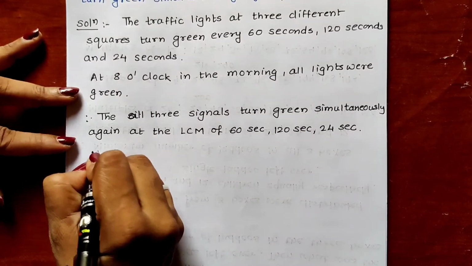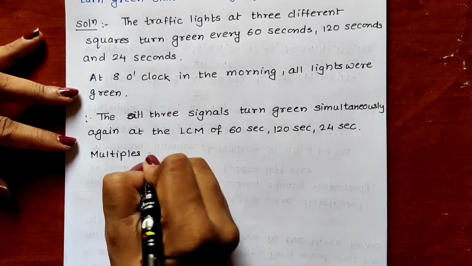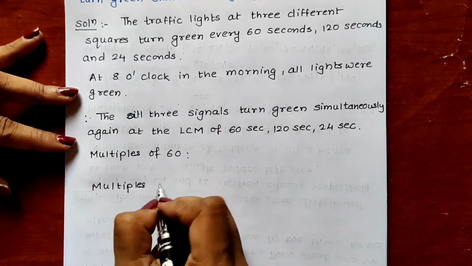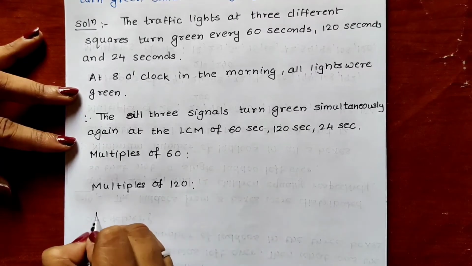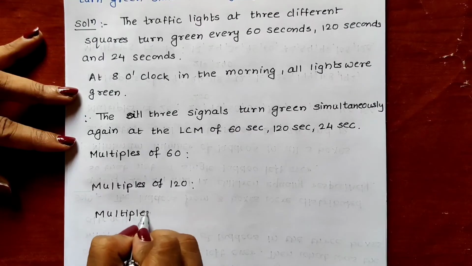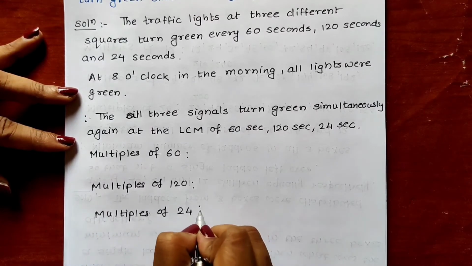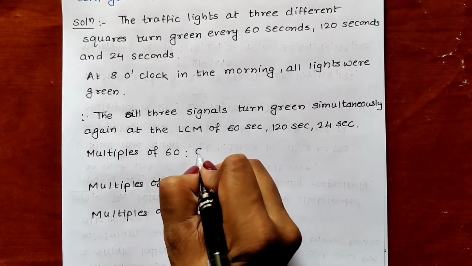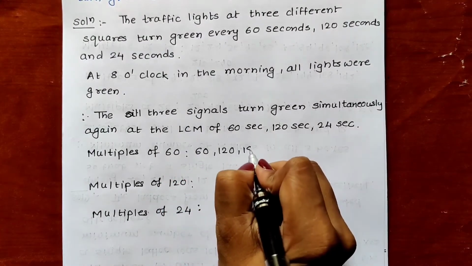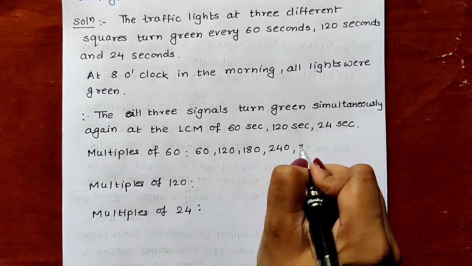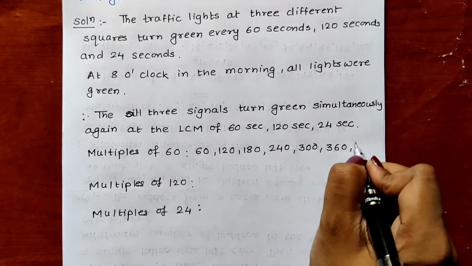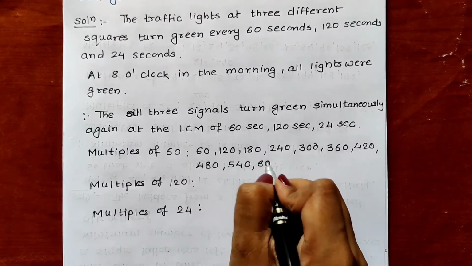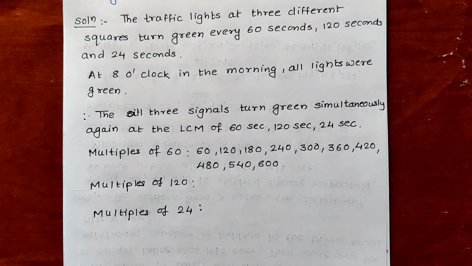Multiples of 60, multiples of 120, and multiples of 24 we have to write. Now 60's table: if you know the 6 table, you can write it immediately. 6 2s are 12, 6 3s are 18, so I have written the 6 table and then I have put 0 every time.